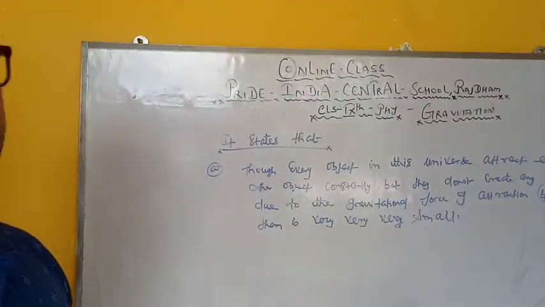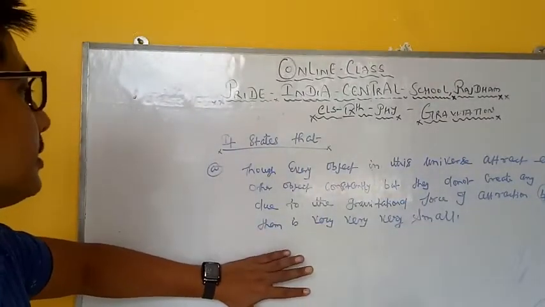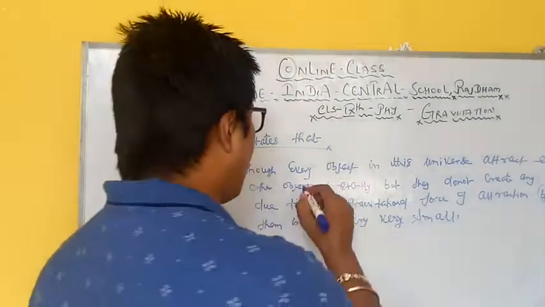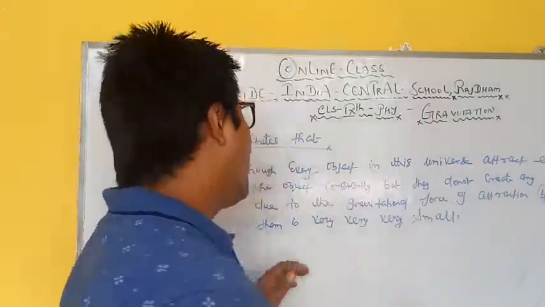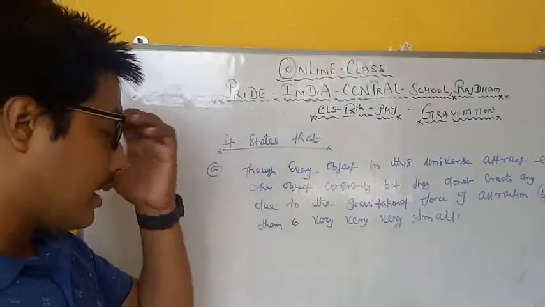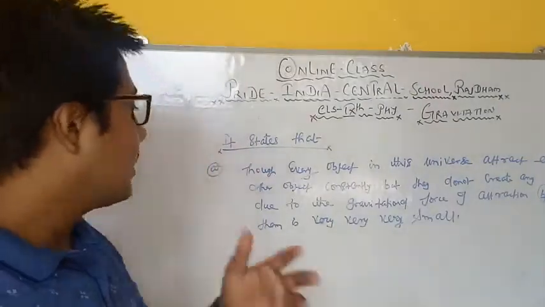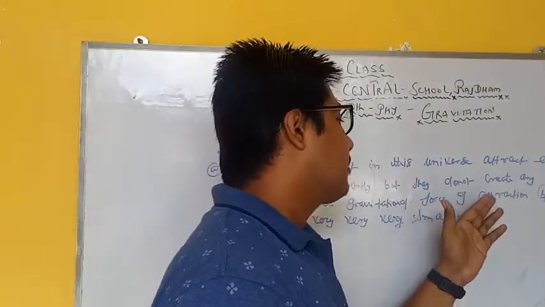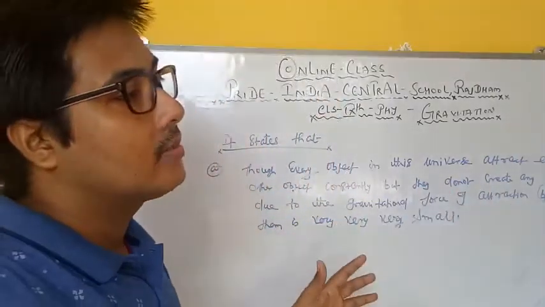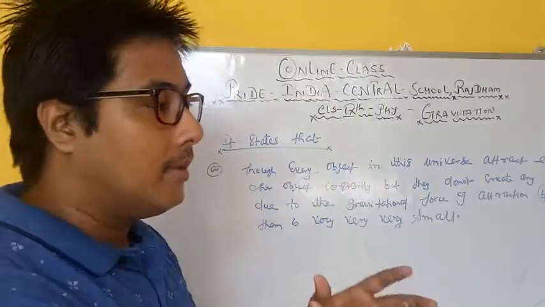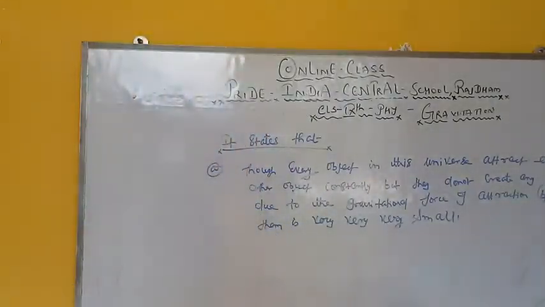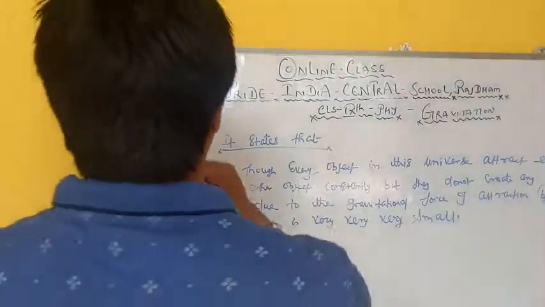Okay? So, I think this might be very much clear to you. Though every object in this universe attracts every other object constantly, but they do not create any motion due to the gravitational force of attraction between them being very, very small, or you can write extremely small. Extremely small.